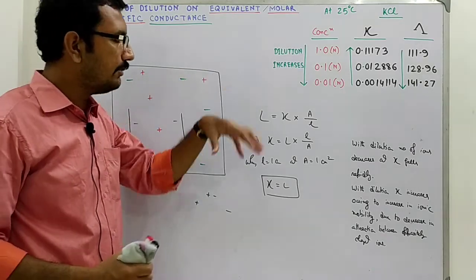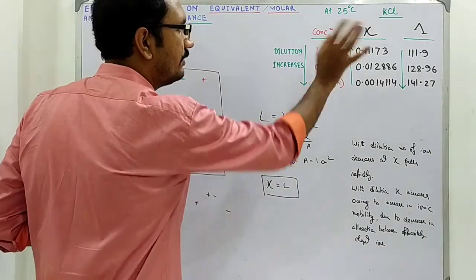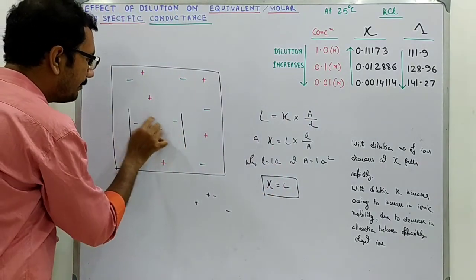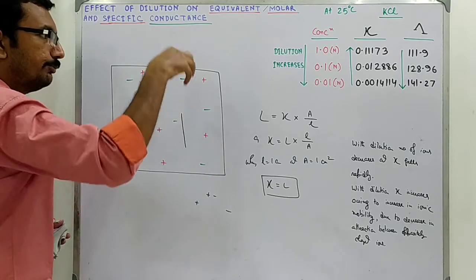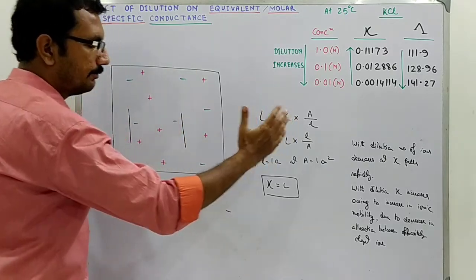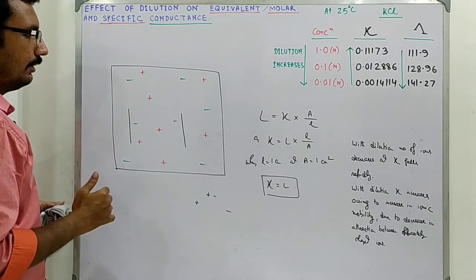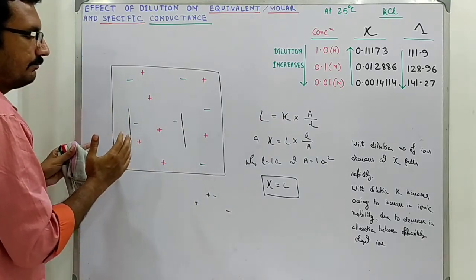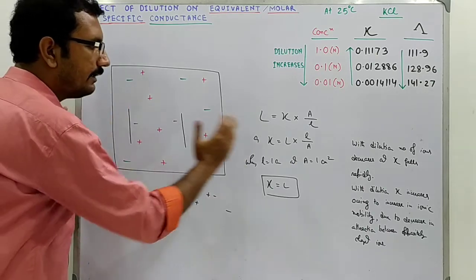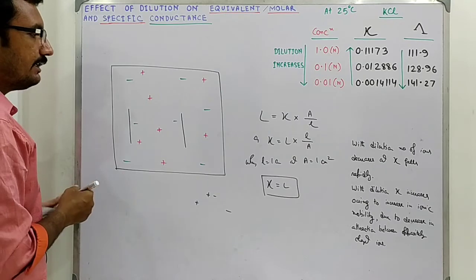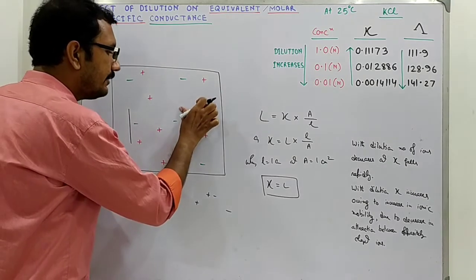Now, when you dilute such solution starting from 1.0 normal, so that is the previous case where you have a large number of plus minus here, when you pour water and dilute it, the volume is going to enlarge. Now, when the volume of the solution enhances, what do you have to do? You have to increase the size of the electrode.